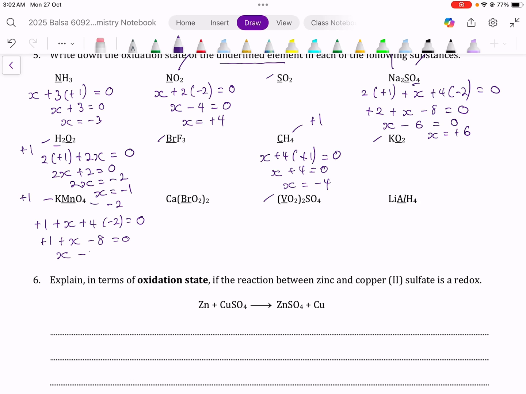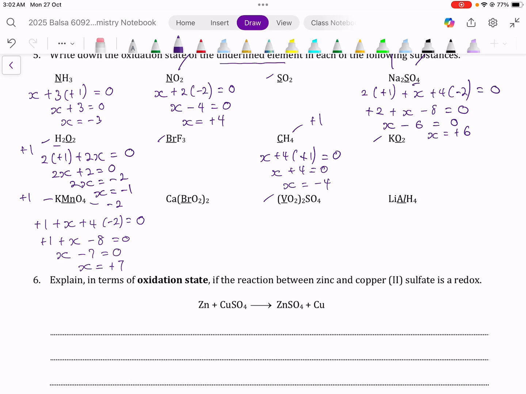So X -7 equals to 0, X equals to +7. So this is your potassium permanganate, a very famous oxidizing agent. We're going to do some titration with it as well.